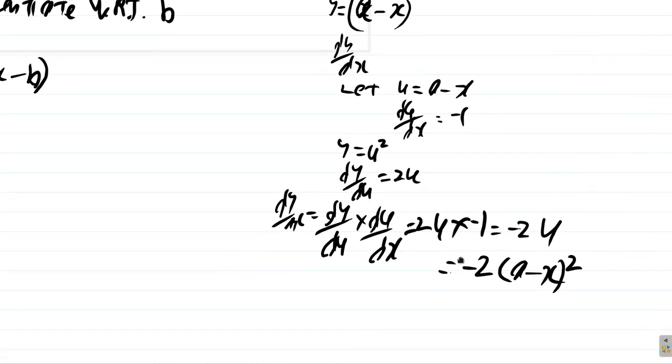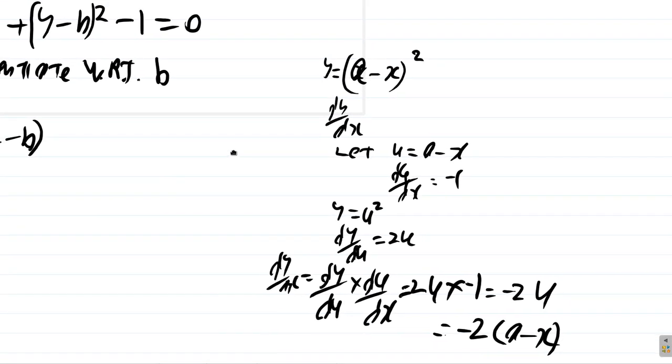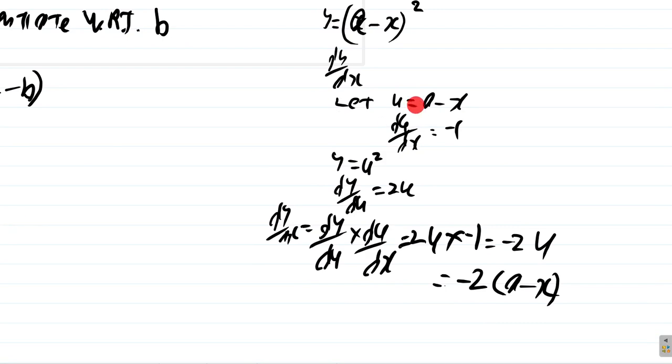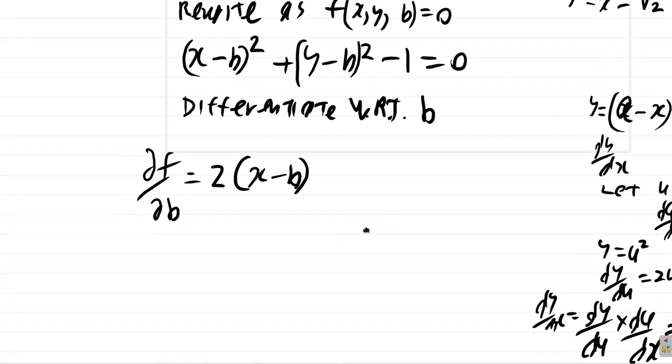No, it's 2u. Why did I put this square here? There is no square. It's negative 2 that. Right. You probably have spotted that mistake. It's 2u times negative 1, which is negative 2u. And u is equal to a minus x. My eyes glanced up at here for a moment. That's why I put this square, but this square is not supposed to be there. Alright, we'll clear that up.